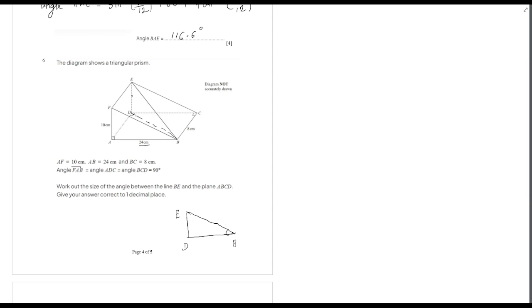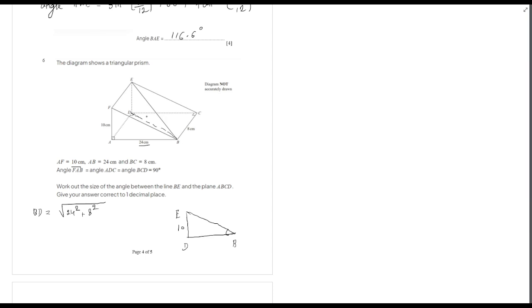Now this DE side is going to be 10 centimeters, and this BD side you can find out using Pythagoras theorem. So BD will be equal to square root of 24 squared plus 8 squared.